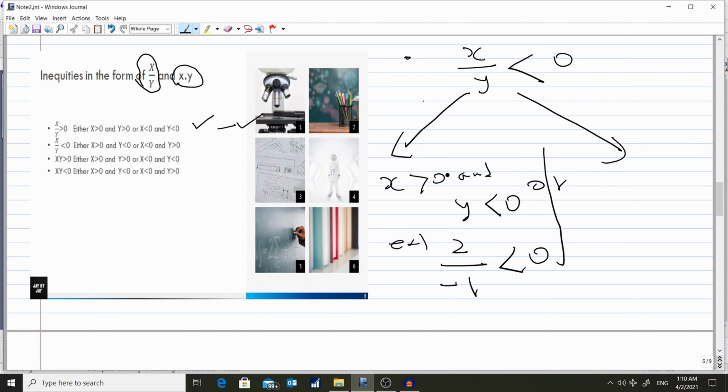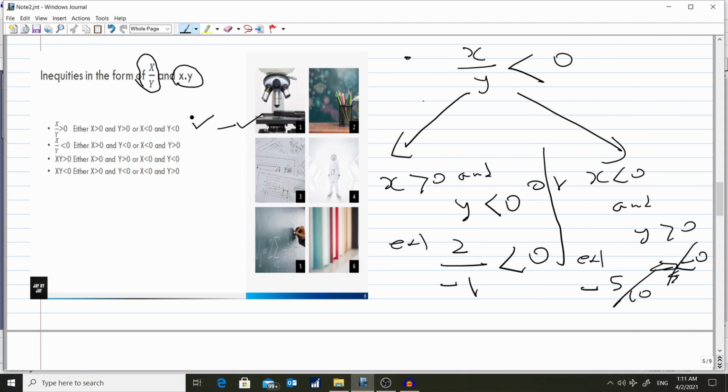The other way around: x can take a negative value and y a positive value, for example minus 5 divided by 10. The answer will be a negative value. So to satisfy this inequality, we have this one or this one.